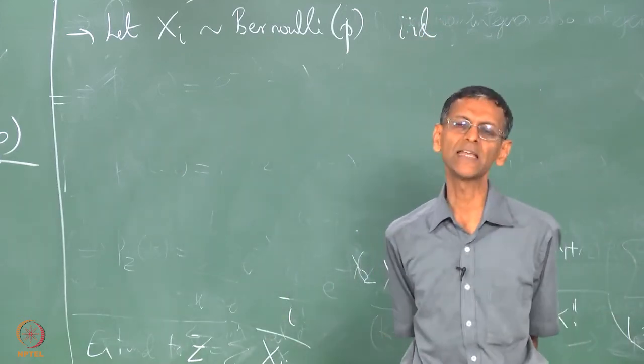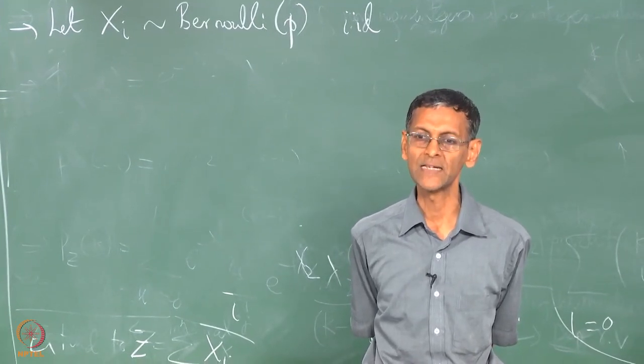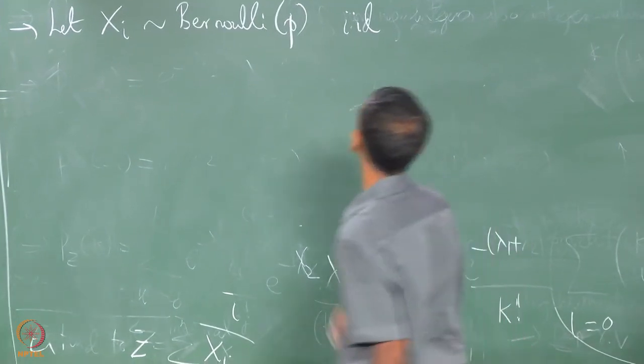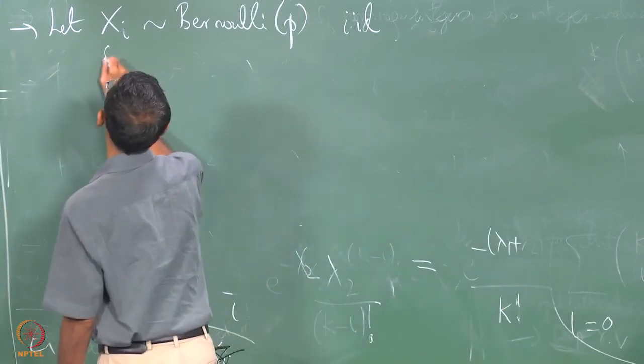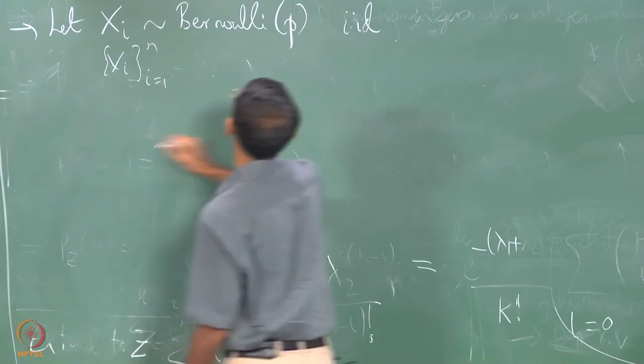This is a basic head-tail, success-failure experiment you are repeating n times, with i equal to 1 to n.